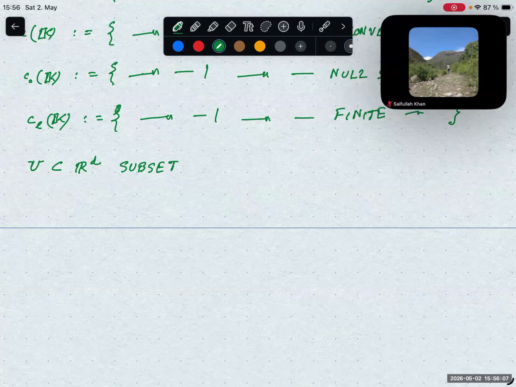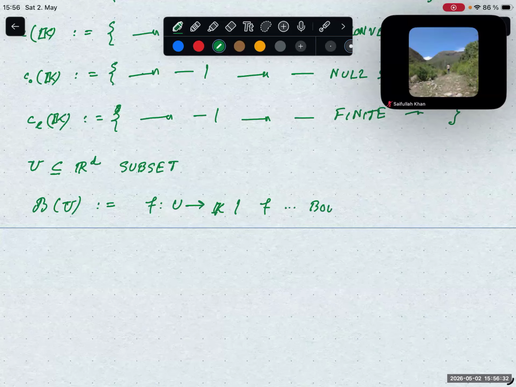Then we define the set of bounded functions on U. So these are functions from U to K such that this is bounded.